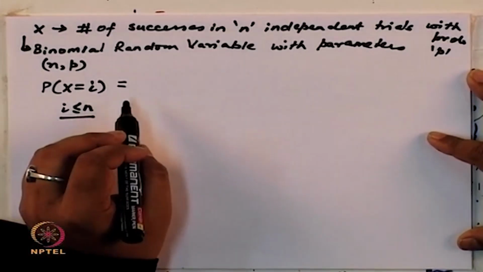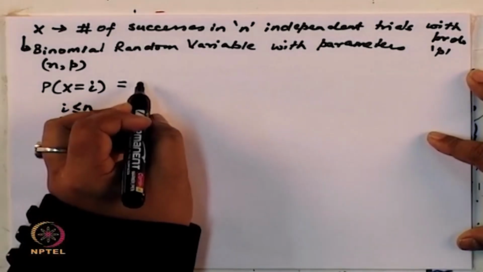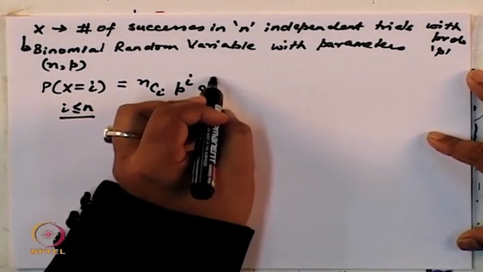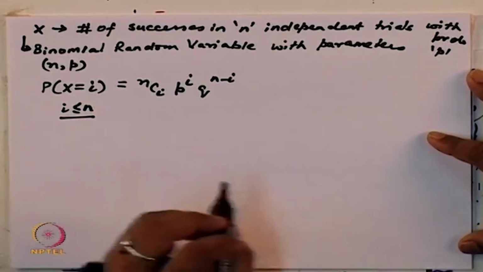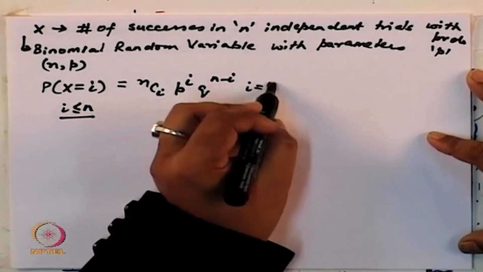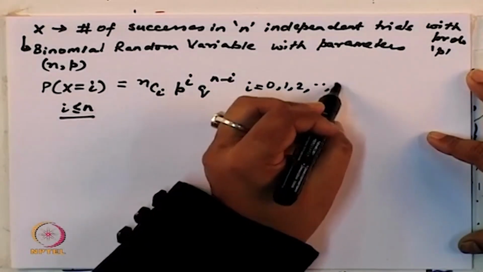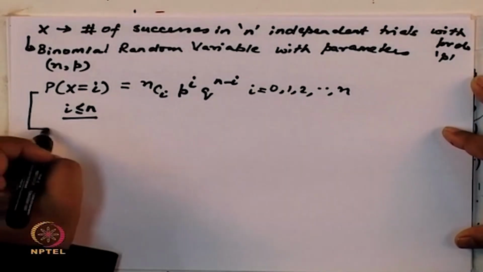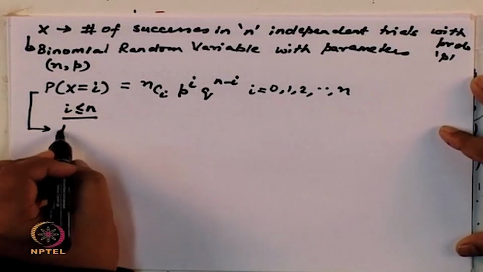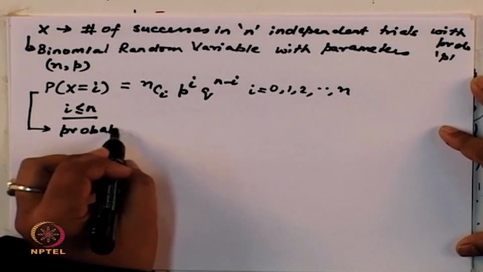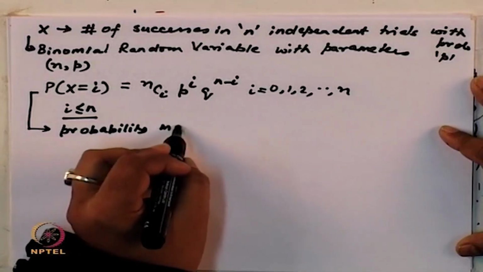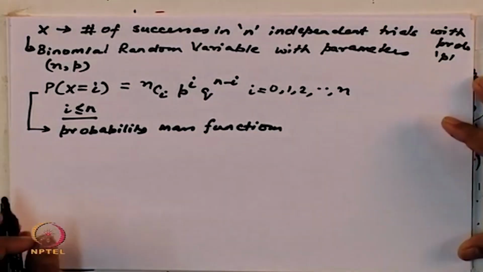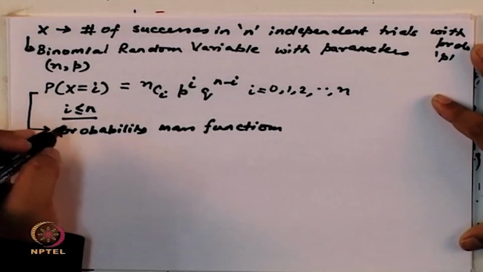So probability of X equal to i can be written as nCi p to the power i q to the power n minus i, with i anywhere between 0, 1, 2 up to n. Since X is a discrete variable, this is my probability mass function. So I can then calculate each of the probabilities.